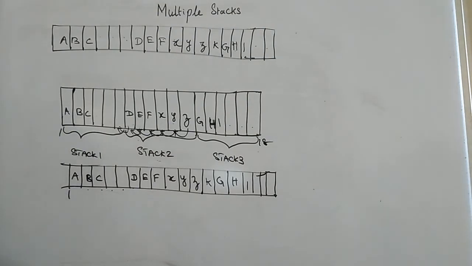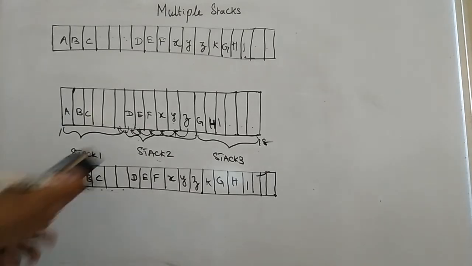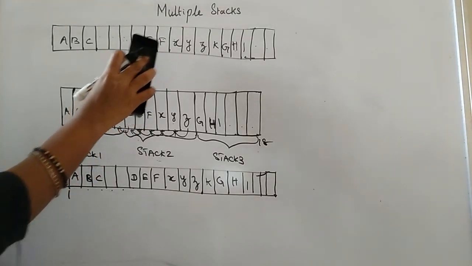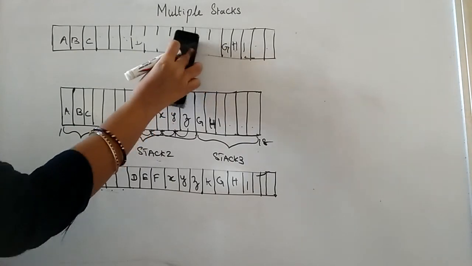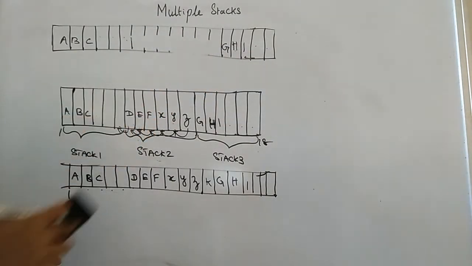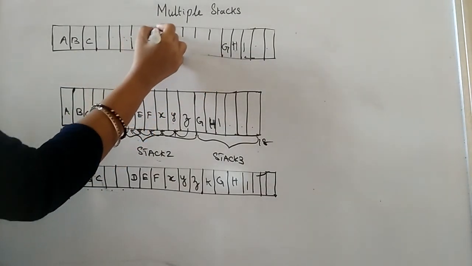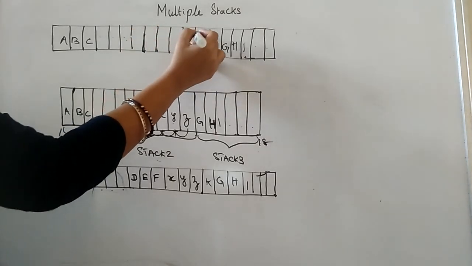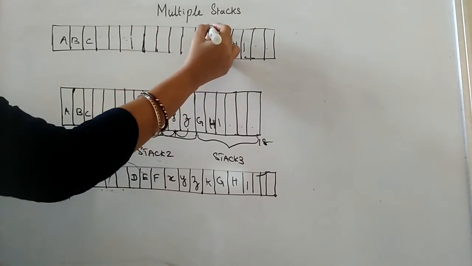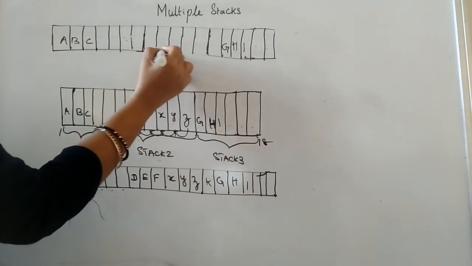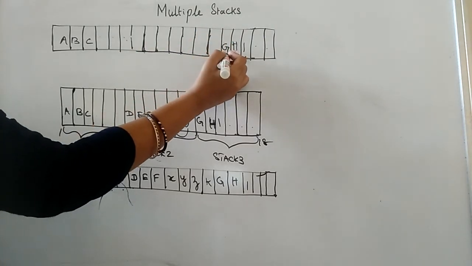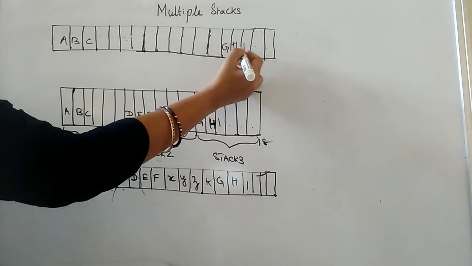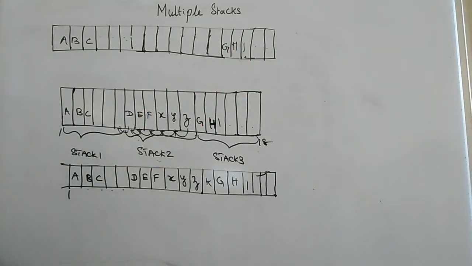So you just see here. I'm sorry, we have to do one thing. While shifting, we should shift the content of stack 3 alone. So we are just shifting G, H and I only.